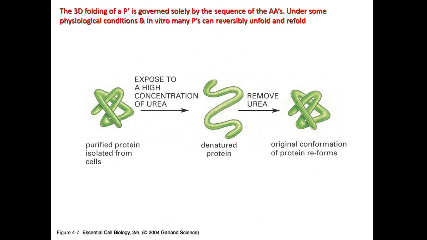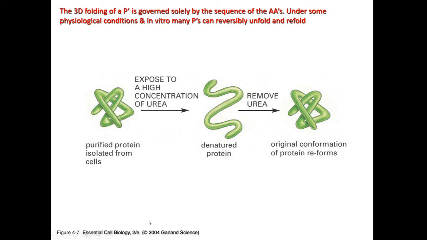The 3D folding of a protein is governed solely by the sequence of amino acids. It depends on the nature of the amino acids. In the table we have seen there are 4 groups of amino acids: acidic, basic, hydrophilic, and hydrophobic, meaning polar and non-polar amino acids. These all are responsible for the different types of structure.